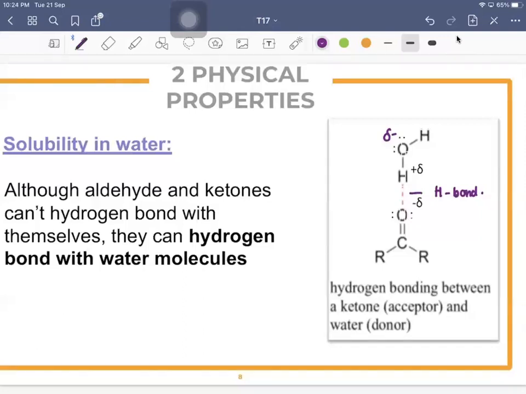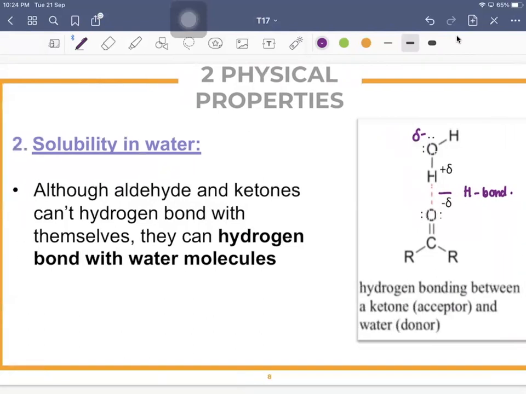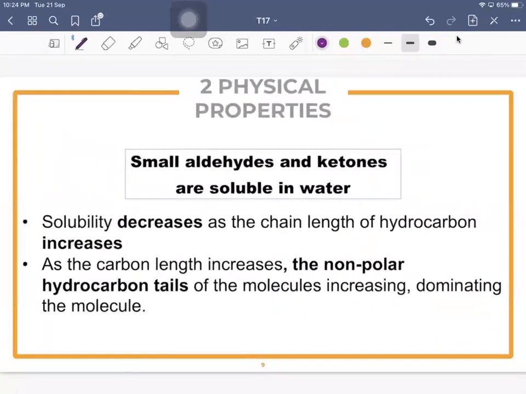This solubility decreases as your carbon chain increases. The longer the carbon chain of your carbonyl compound is, the less soluble it becomes in water. So that means only small aldehydes and ketones are soluble in water. This is because of the hydrocarbon tails.